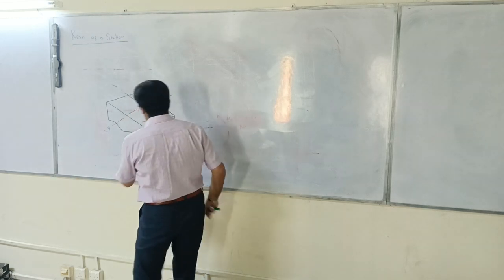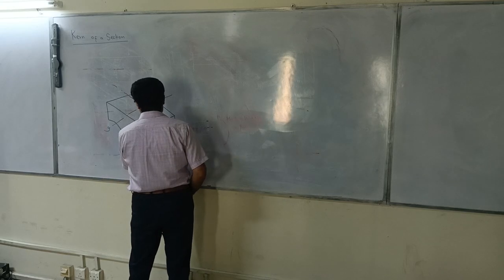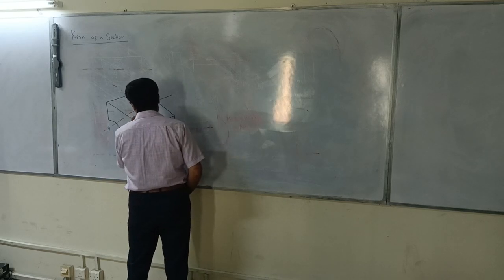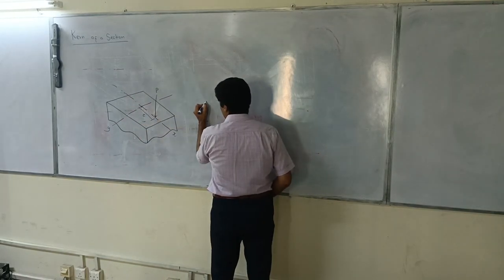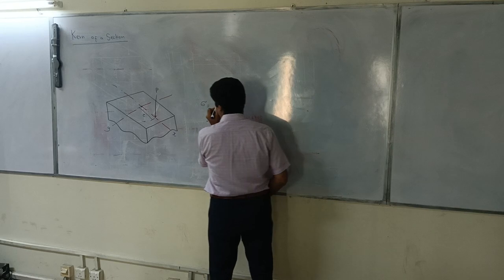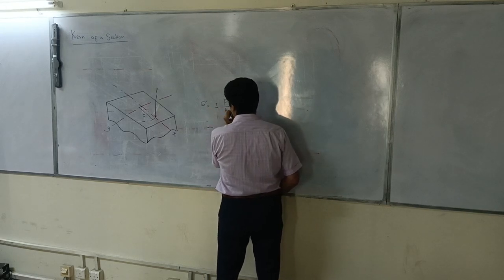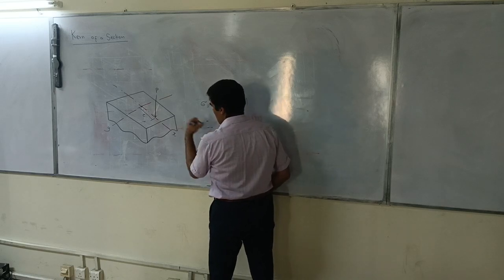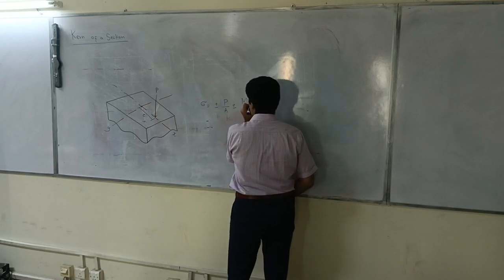Imagine this distance is E. Now we know that stress is equal to plus minus P by A plus minus M_x Y by I_x, because it is in the X direction.